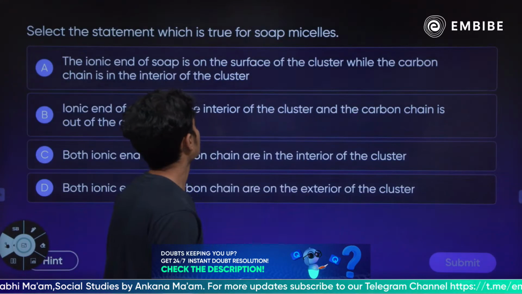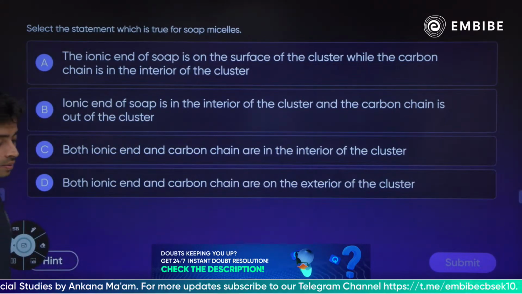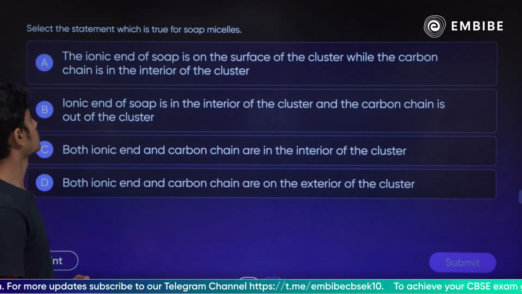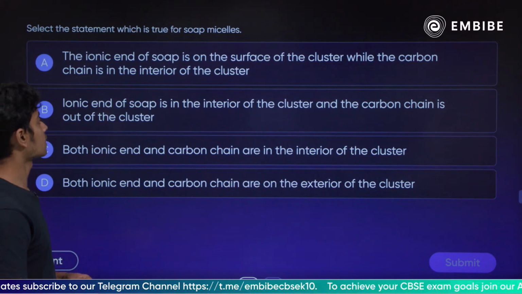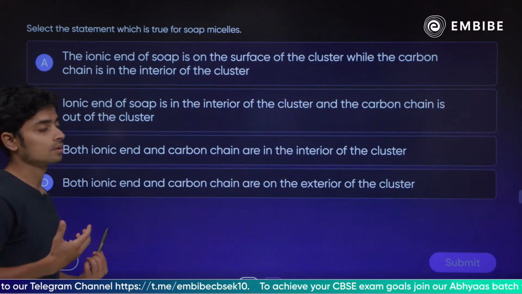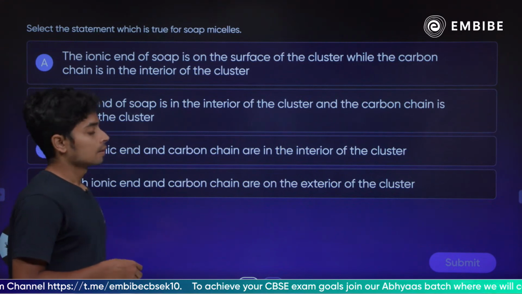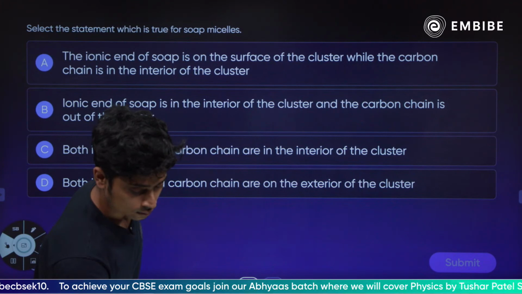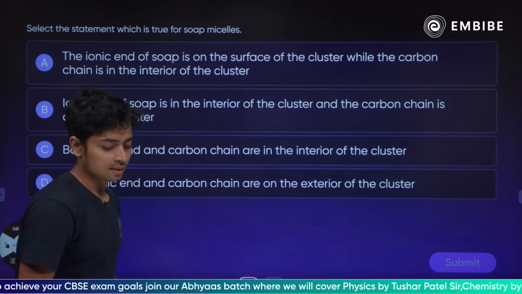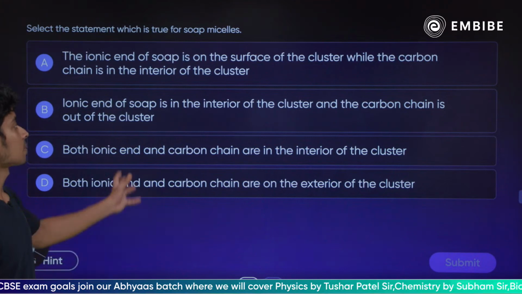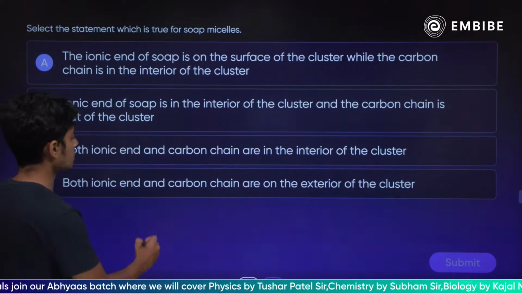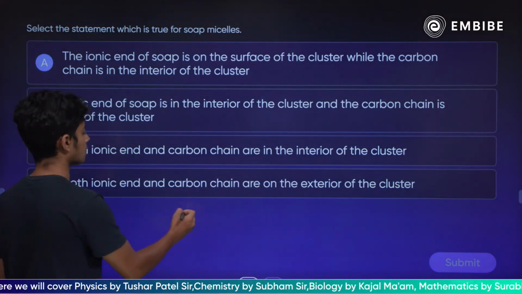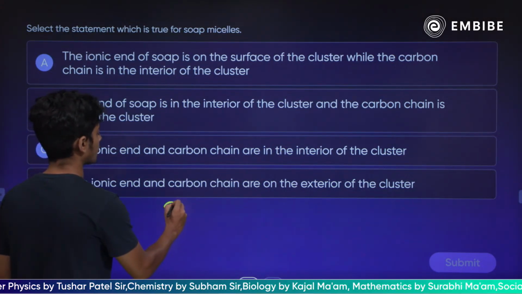So next question: select the statement which is true for soap micelles. Micelles are clusters which take your dirt particles. The soap molecule has a hydrophilic end and a hydrophobic end.